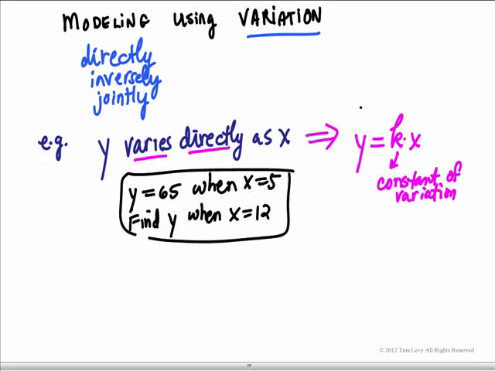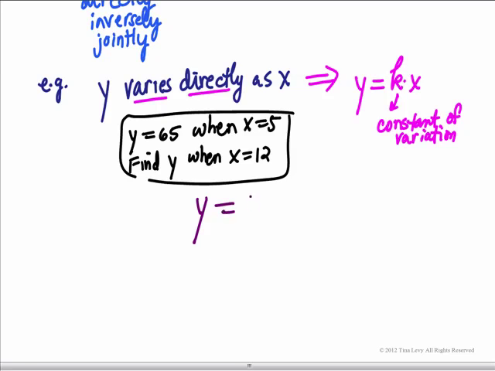If I use this in my direct variation equation, it's going to be enough information that I can find the k value. I'm using the formula y equals k times x. I now substitute y is 65, k times when x is 5. So I get k times 5, or 5k. This gives me enough information that I can find for this particular variation problem what that constant of variation is.